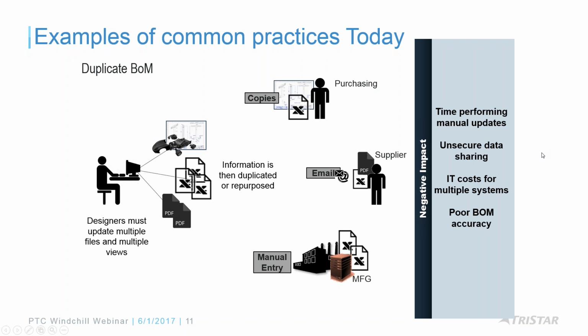IT may maintain multiple systems, a lot of space on network drives, maintaining access to those network shares. And then if you're doing a lot of manual entry, some people just make mistakes, typing errors, miss something. So the accuracy of the BOM may not be that great.